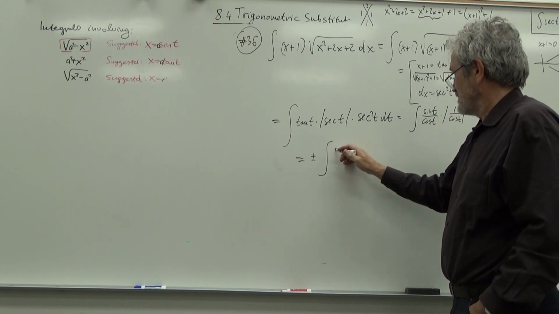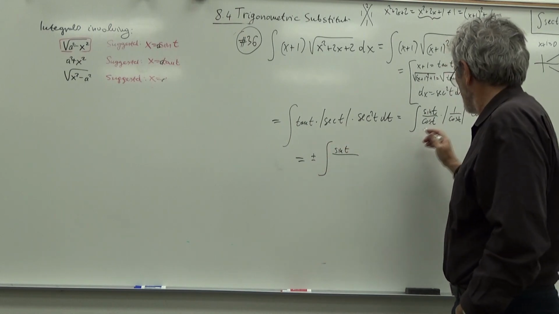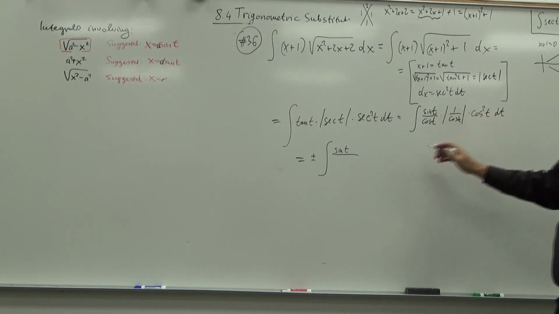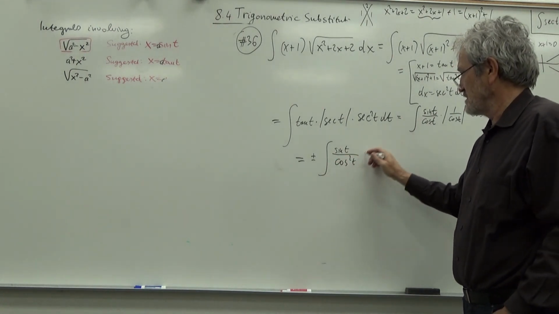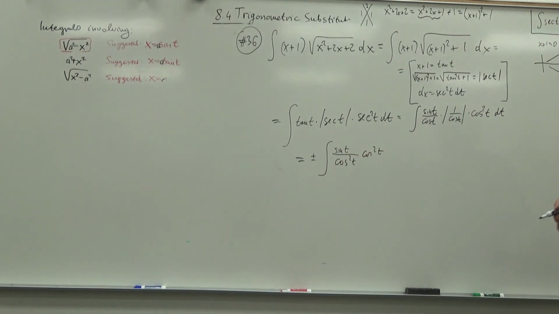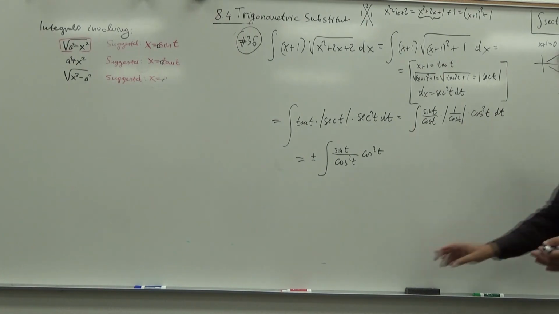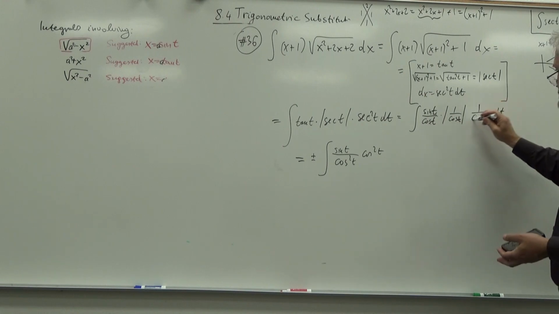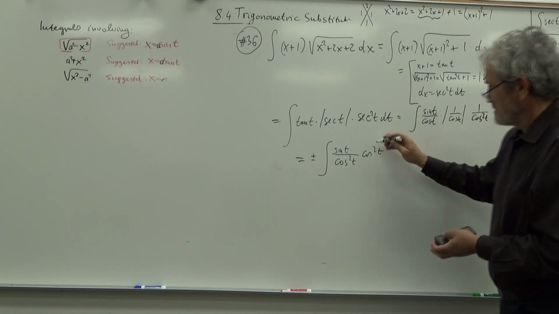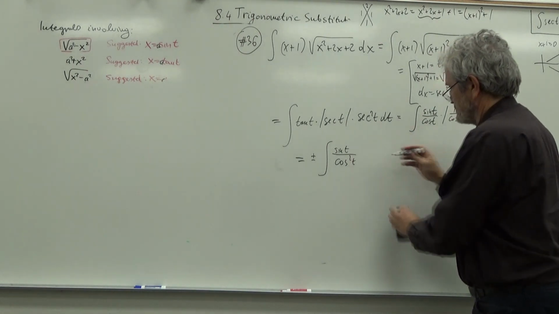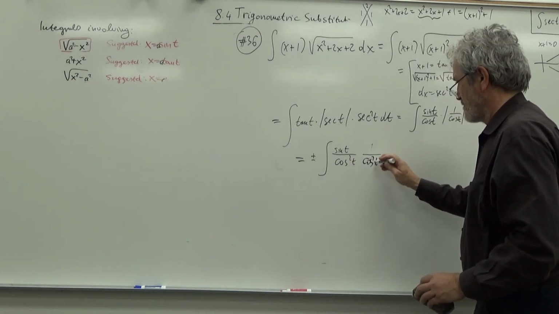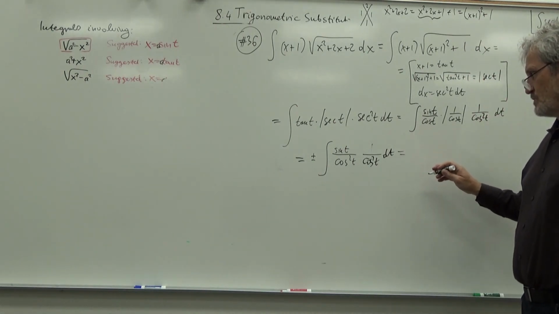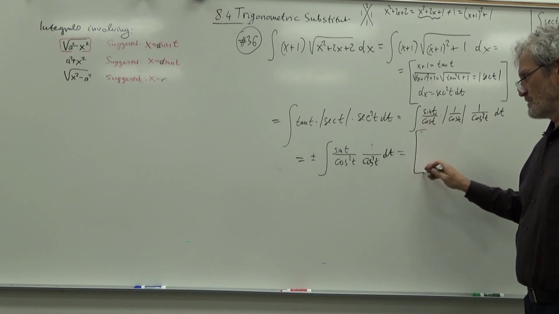And then integral of sine t over, then we would have cosine t and cosine t, and here we would have what? Cosine squared t. Oops, 1 over. I wrote secant squared wrongly, sorry. It's 1 over cosine, times 1 over cosine squared t. And then what do we do here?